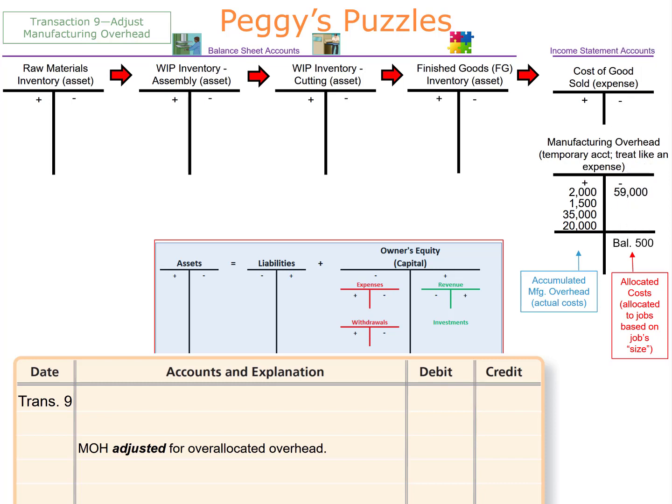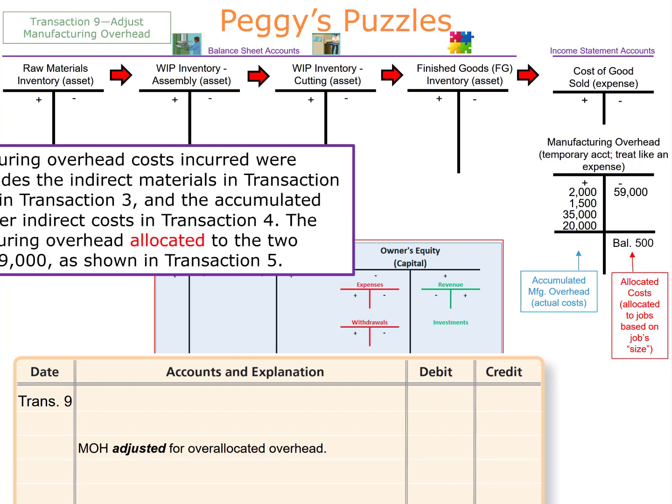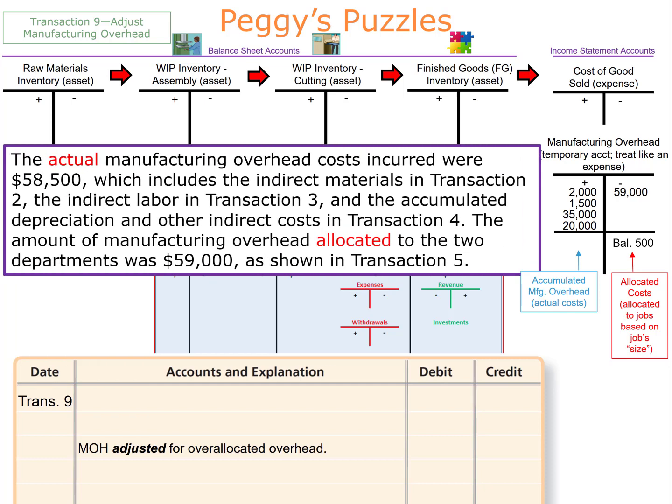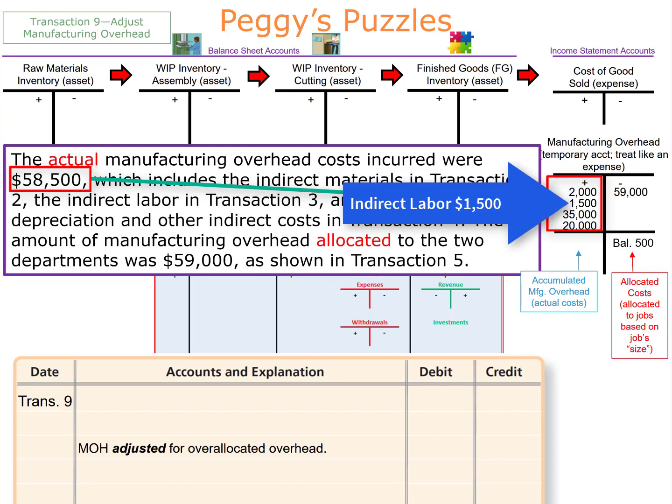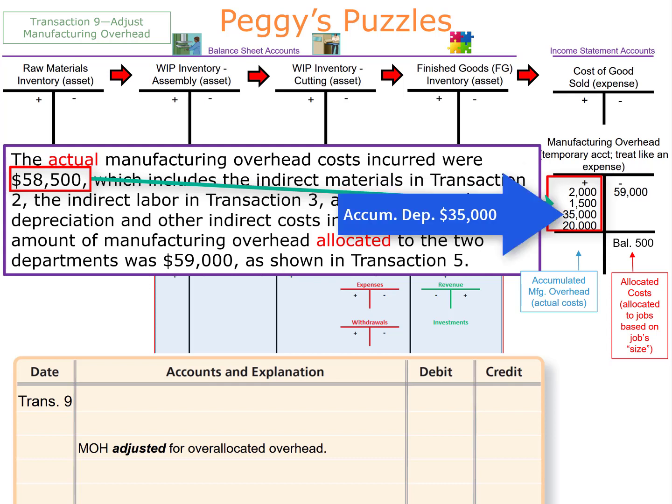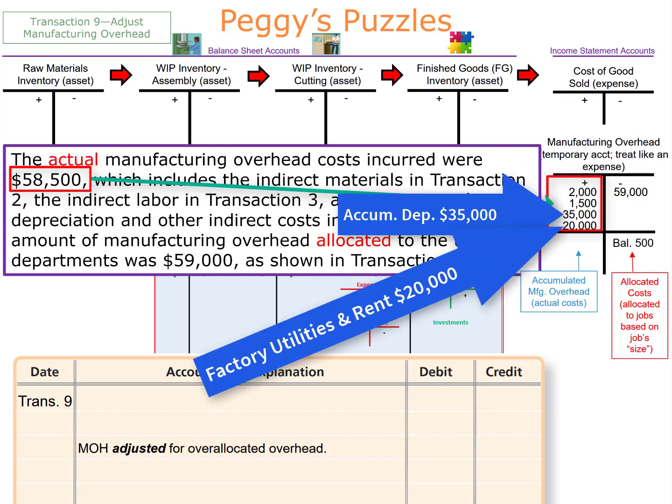Now, the textbook might not use T accounts to show this information. Instead, they may give you this verbiage. The actual manufacturing overhead costs incurred were $58,500, which includes the indirect materials in transaction 2, the indirect labor in transaction 3, and the accumulated depreciation and other indirect costs in transaction 4.